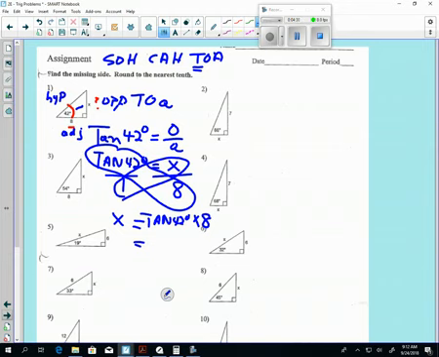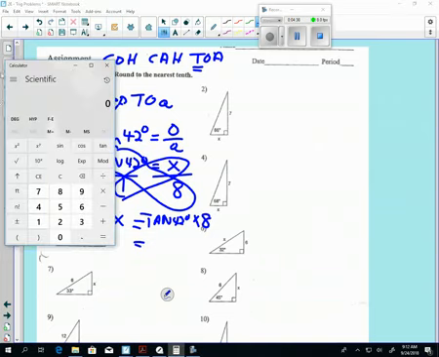Then I go to my calculator. And I put in 42. Depending on your calculator, you might have to put tan in first. When I hit tan, it changes it to the tan fraction, 0.90, and a whole bunch of digits across it.